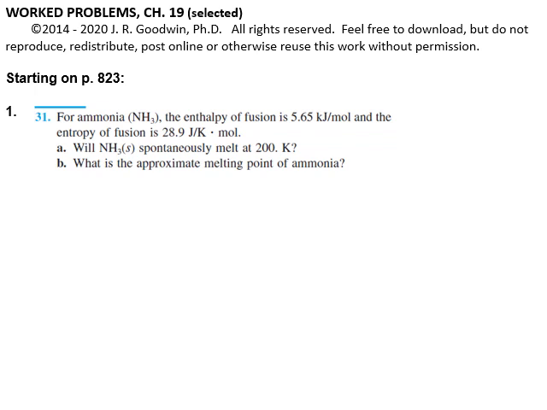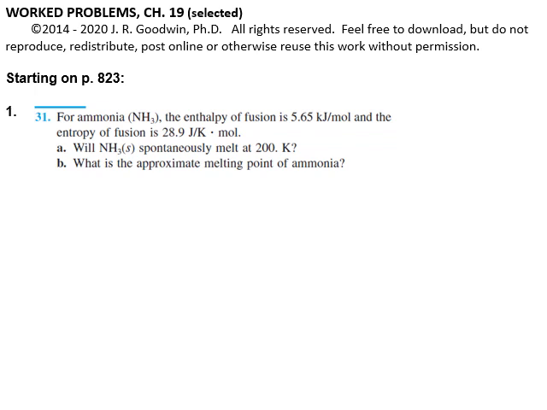If it's negative, that means it will spontaneously melt. So there's your key word there, spontaneously. If your delta G is negative, as we mentioned in the lecture slides, that means it will proceed spontaneously. So we're assuming a direction of solid to liquid here. So just find delta G and see if it's negative or positive.